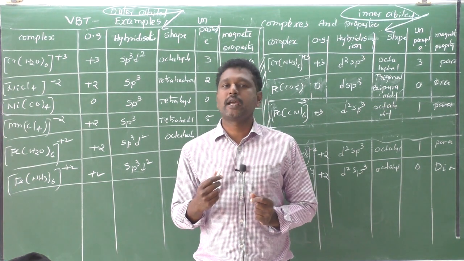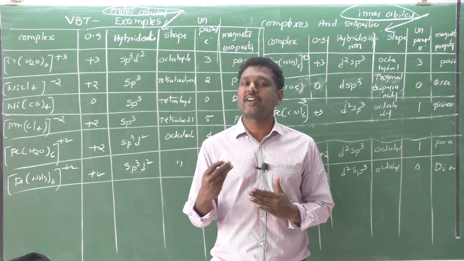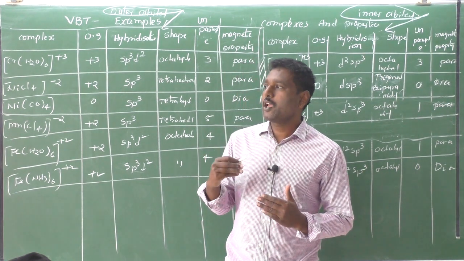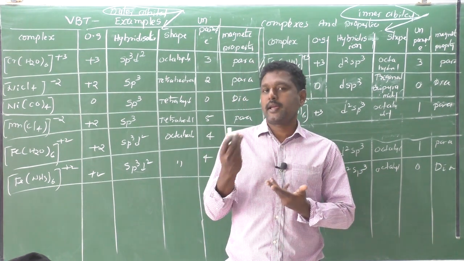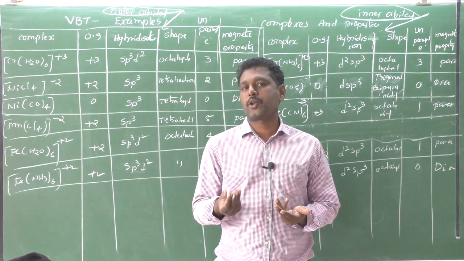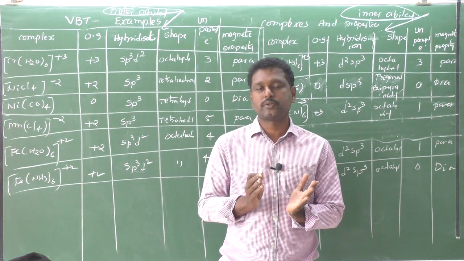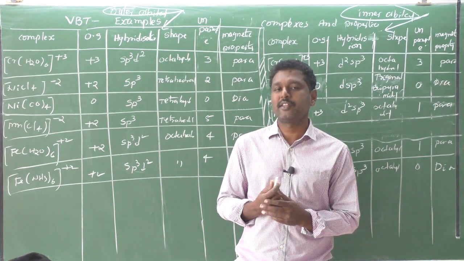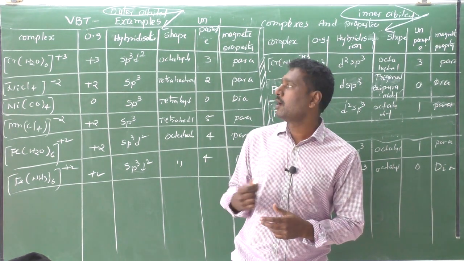If strong field ligands are there, pairing of electrons takes place, and they can form inner orbital complexes. If pairing of electrons is not possible, they form outer orbital complexes.